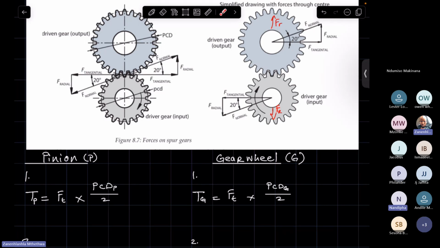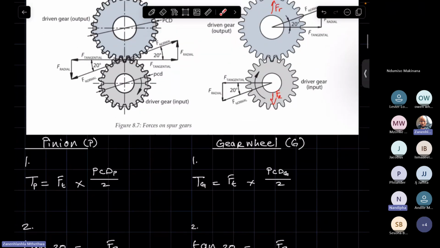The reason we are going to be using the 20 degrees involute system is because in bearings, they only use the 20 degrees involute system. So this will always be 20 degrees, and that is essentially the profile of the gears in use here.